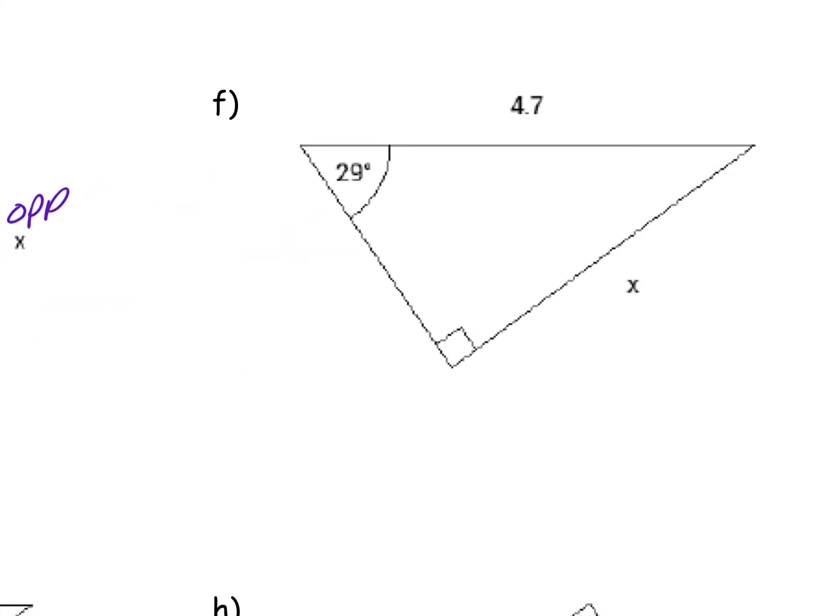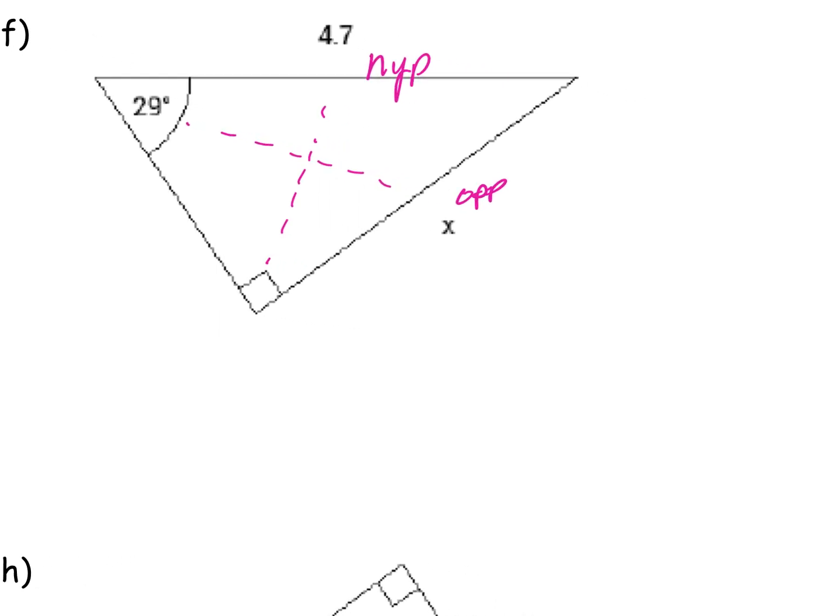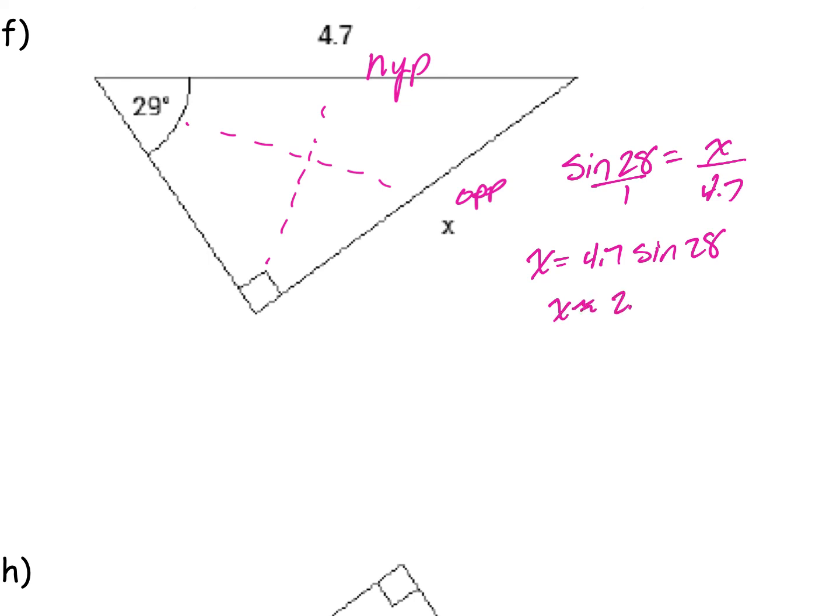And then we've got F. Here's my side opposite and my hypotenuse. So I've got sine of 29 equals x over 4.7. Cross multiply. X equals 4.7 sine of 29. So x is approximately equal to 2.3.